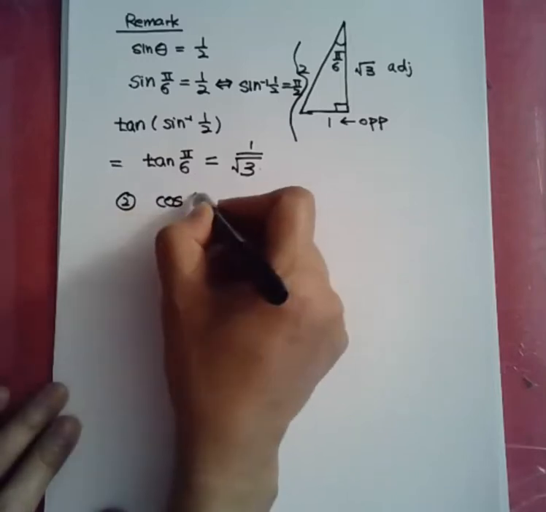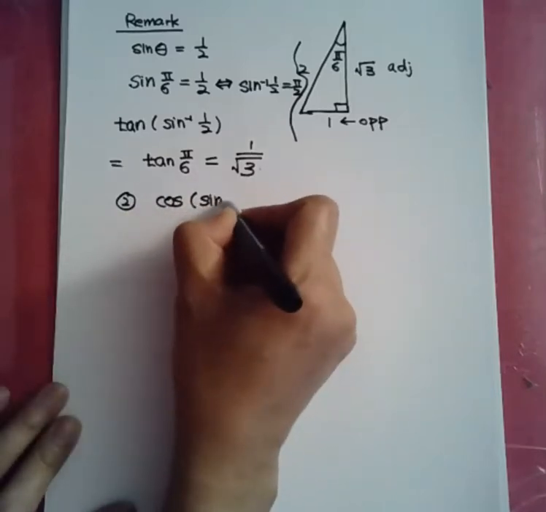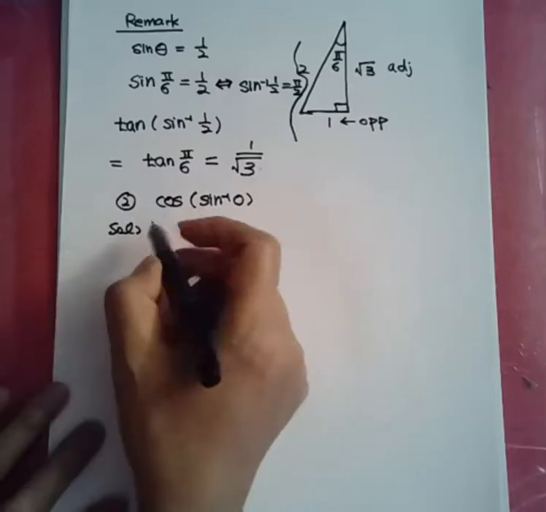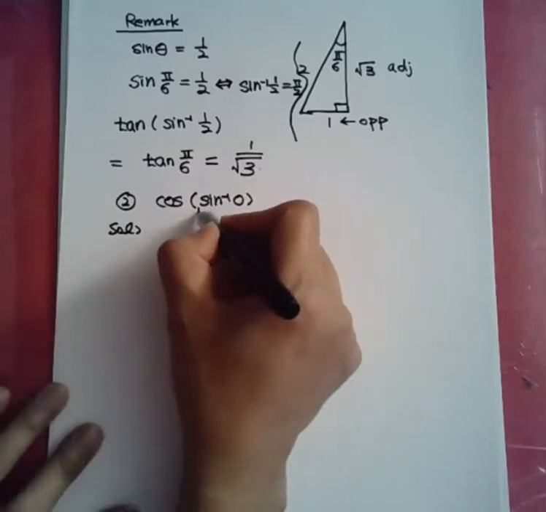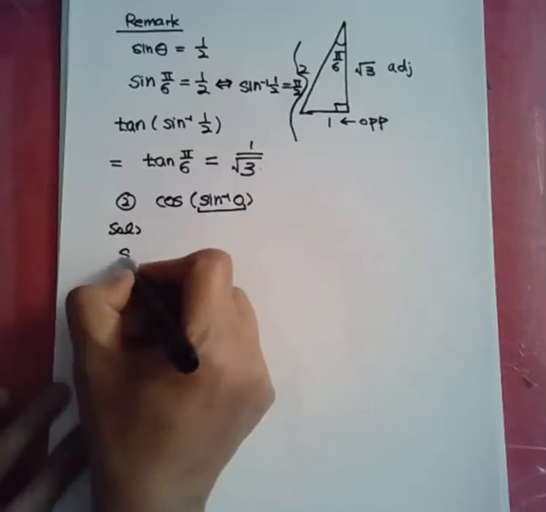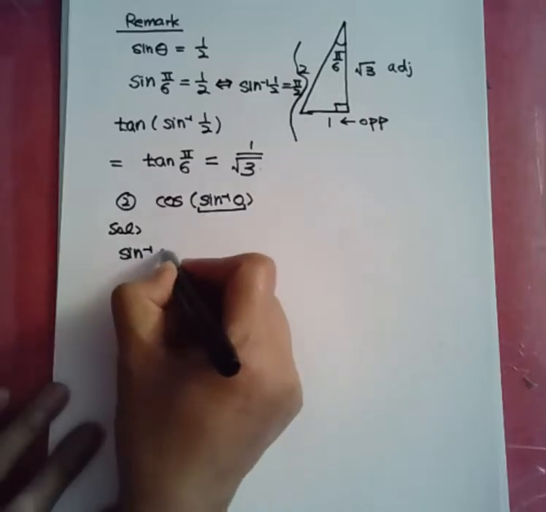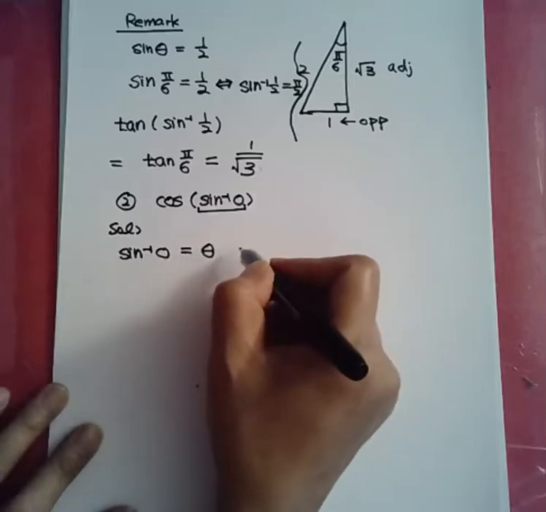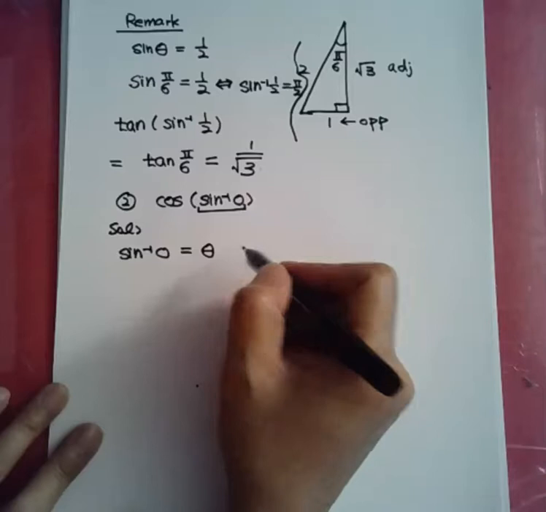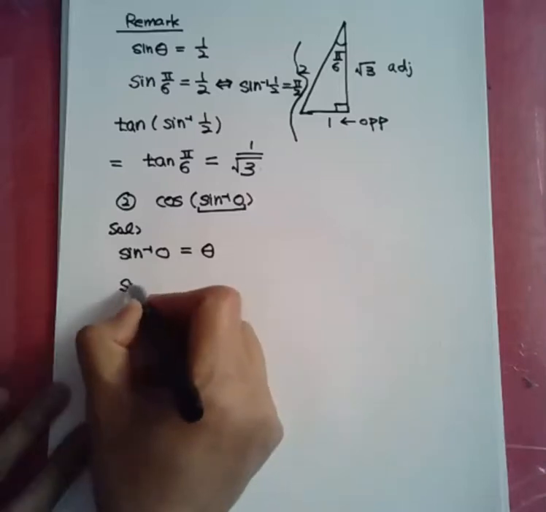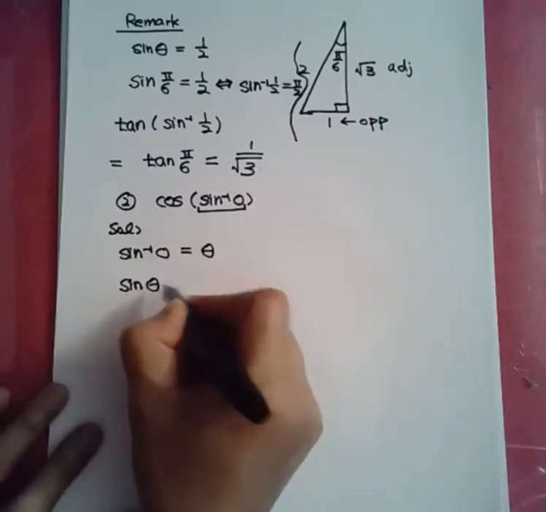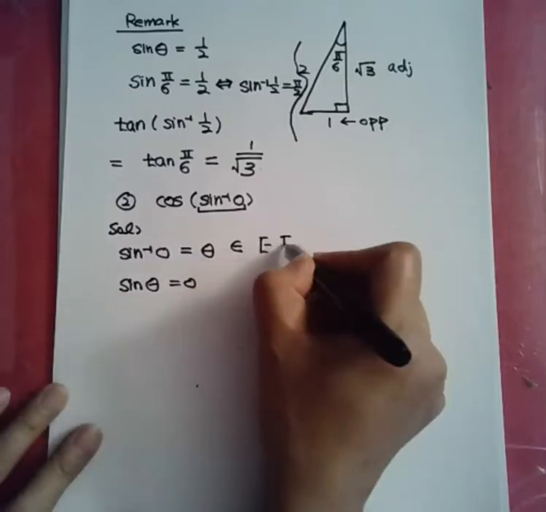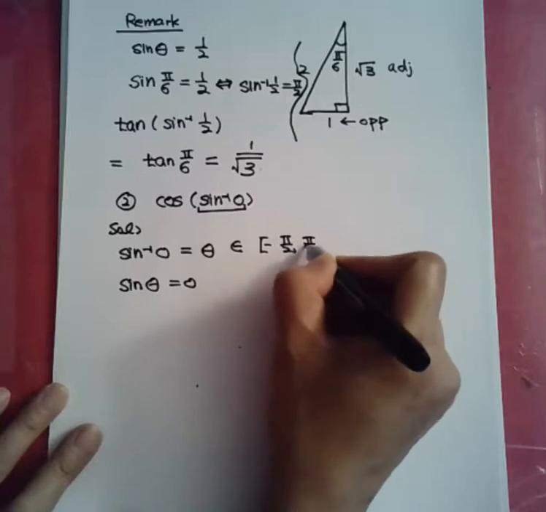The next problem is cosine of sine inverse of 0. Let's consider sine inverse of 0 equals theta. Then sine of theta equals 0. We already know the angle belongs between minus pi over 2 and pi over 2.